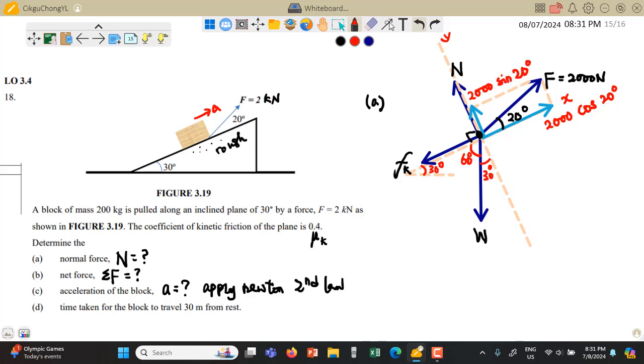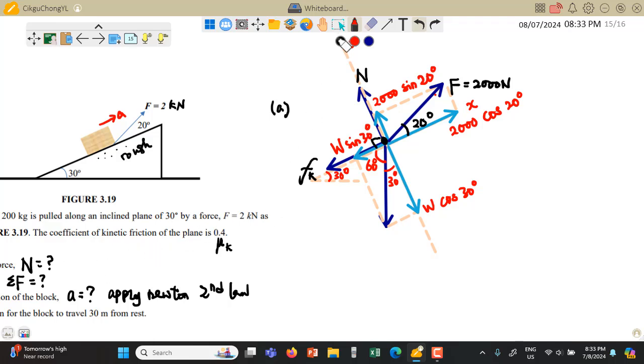Same goes for the weight. We can resolve it into component Y, W cos 30, and component X, W sin 30. Alright, so we have done our resolving.